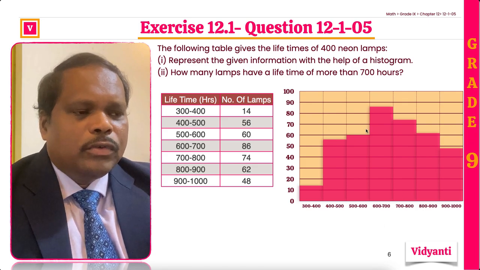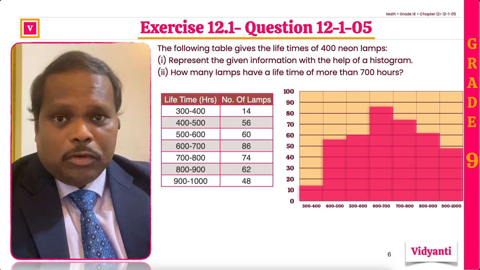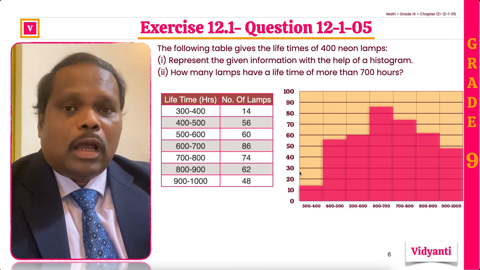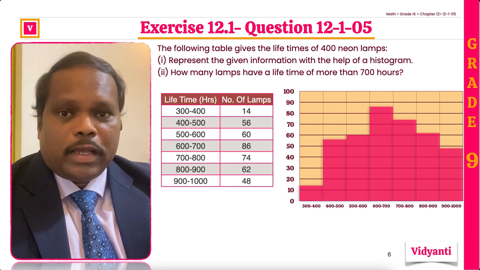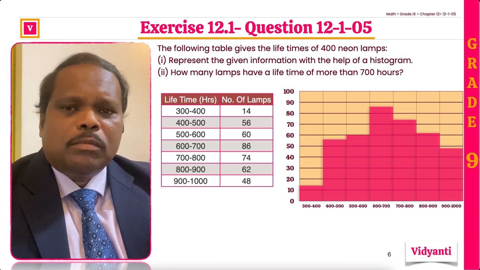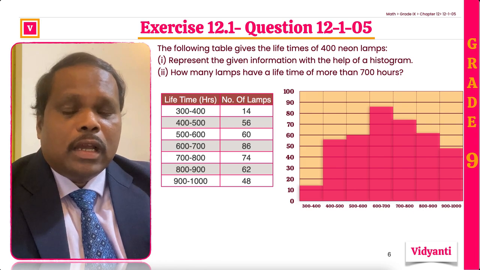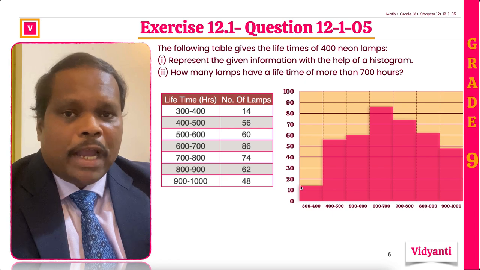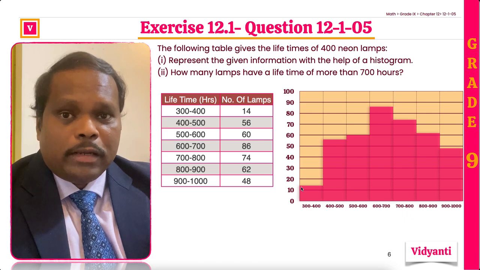Here I am using the facilities of the software, but in reality you will have a graph paper, and that graph paper will have major markings at an interval of 1 centimeter each, both on the x-axis and y-axis. On top of that, you will have minor grid lines for each millimeter. So between each centimeter, you will have 10 minor lines. So you have to cross 1 centimeter and go 4 millimeters, which is 4 minor lines.